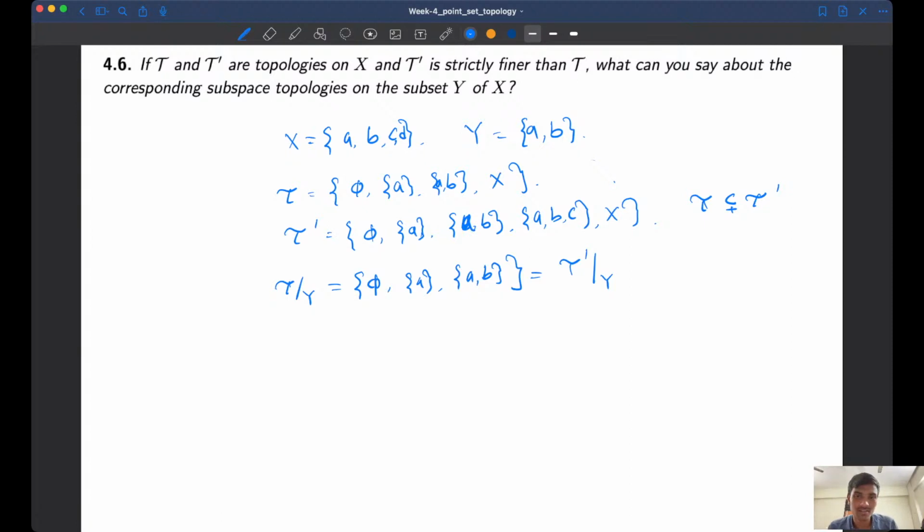If you intersect tau with Y, then we get phi, {A}, and Y. When I intersect with this set it is {A}, and intersecting with the others is just Y. The sets that strictly contain Y intersect to Y, so X intersected with Y is again Y. What about the subspace of tau on Y? In that case too, the intersections give the same, and X intersection Y is again Y.